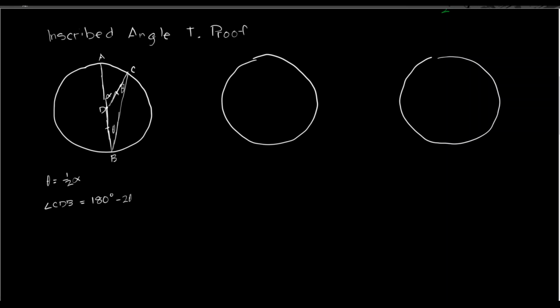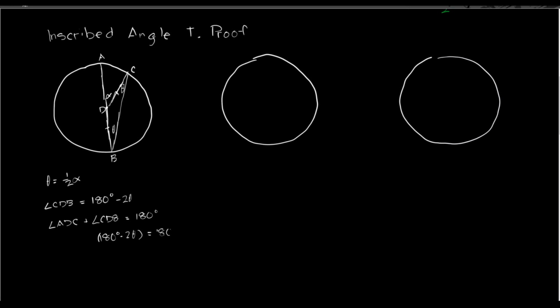Now, let's look at angle ADC. We notice that the diameter AB is a straight line, so therefore, angles ADC and CDB are supplementary and must equal 180 degrees. But we know the value of angle CDB is just 180 degrees minus 2 theta.